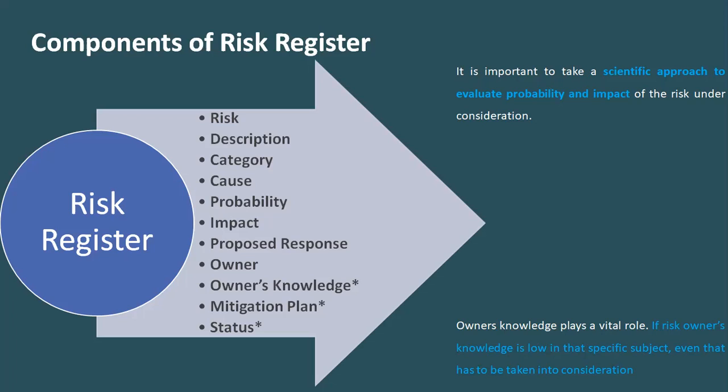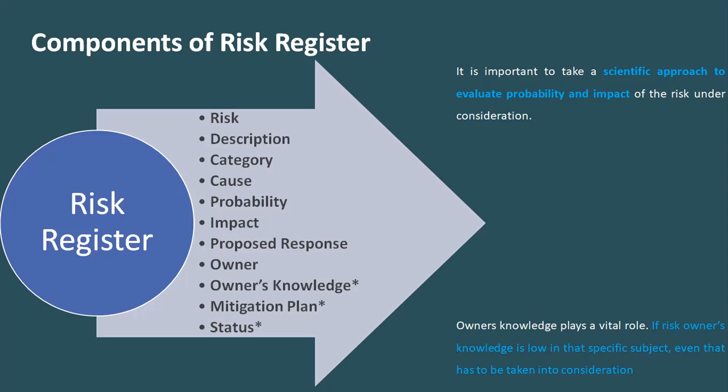When we are taking a scientific approach to define the probability and impact, it is also important to understand the numbers around probability and impact. It depends heavily on the knowledge of the risk owner.